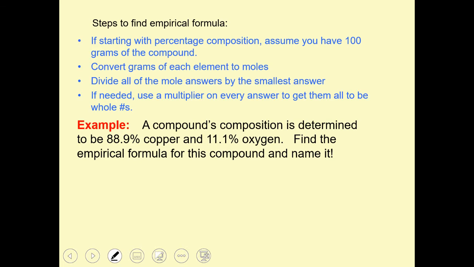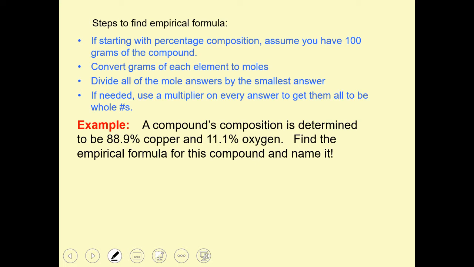So looking at this, there are those same 4 steps. We are starting here with a percentage composition, so we do need the first step. We are going to assume that we have 100 grams of this compound.